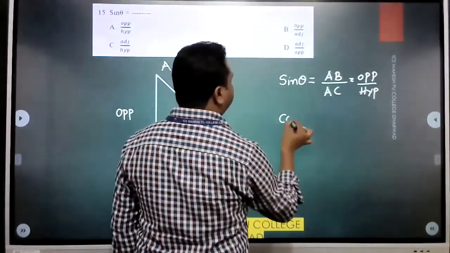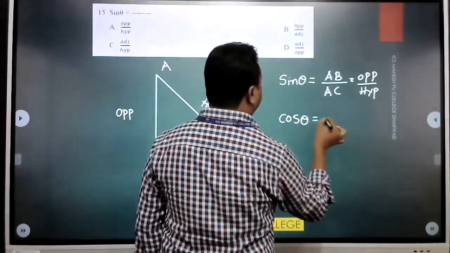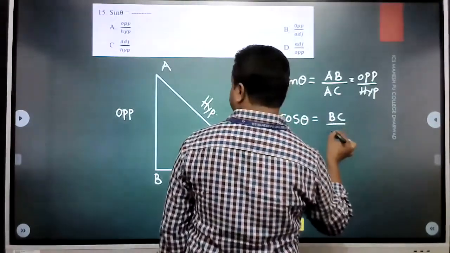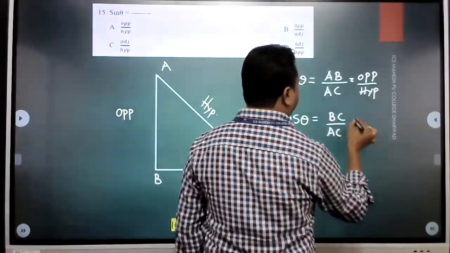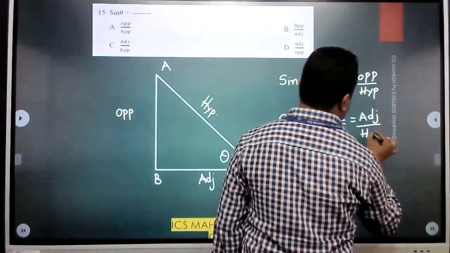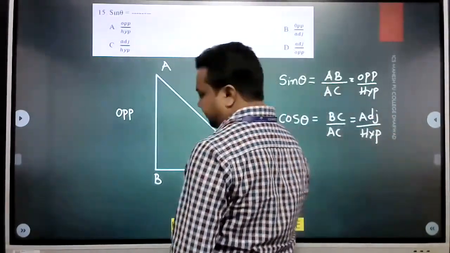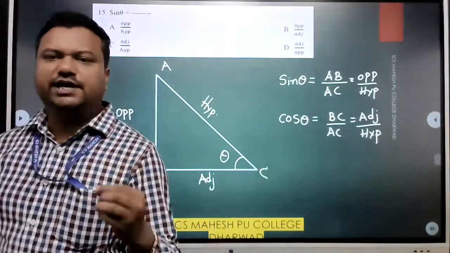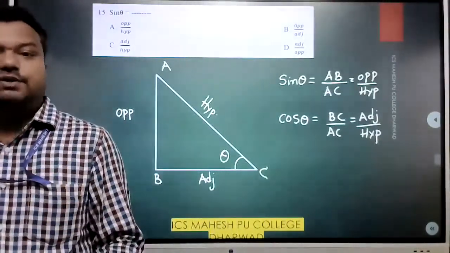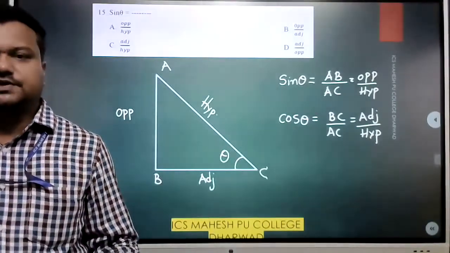Whereas cos theta is defined as adjacent by hypotenuse. Now, when you are familiar with sine and cos, opposite by hypotenuse and adjacent by hypotenuse, it is very easy to remember all the remaining trigonometric functions, isn't it?